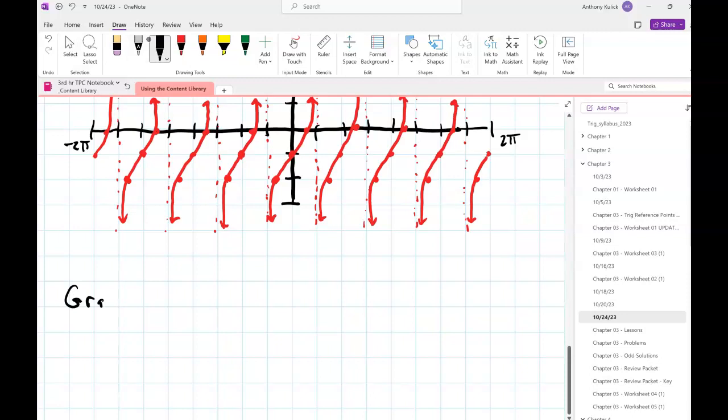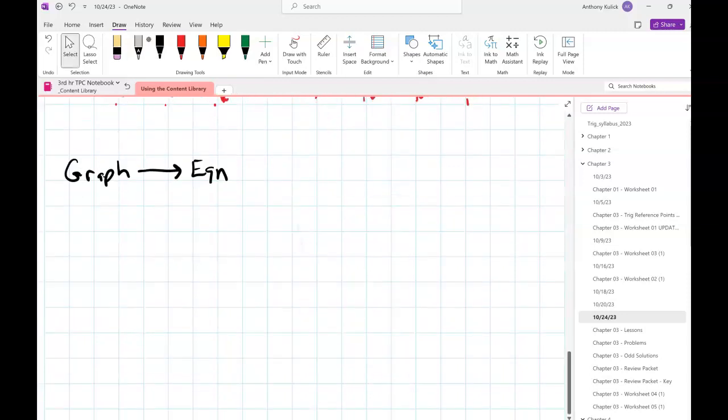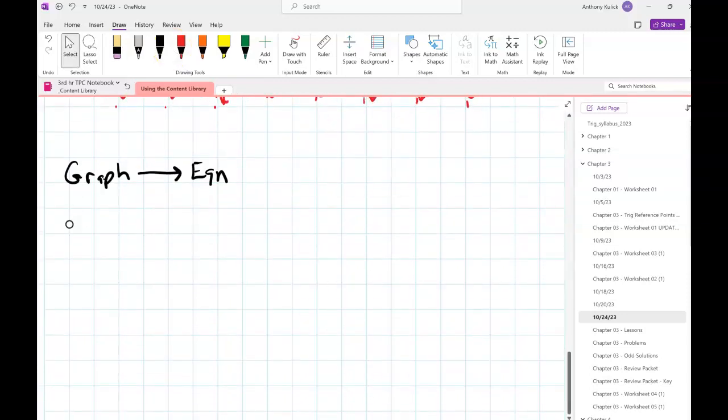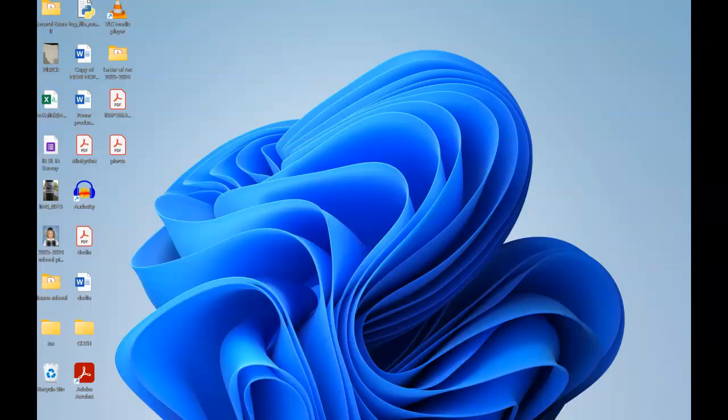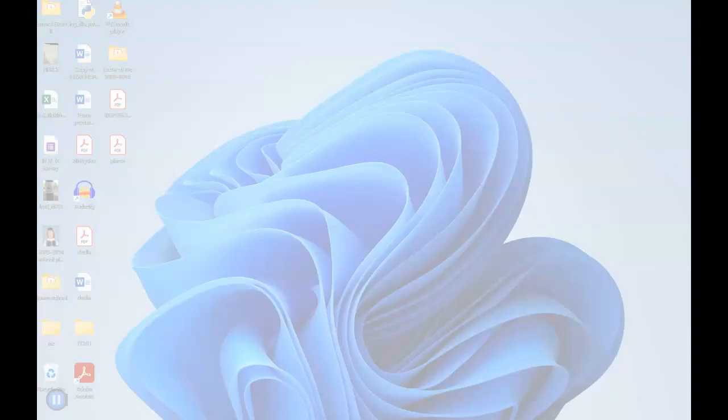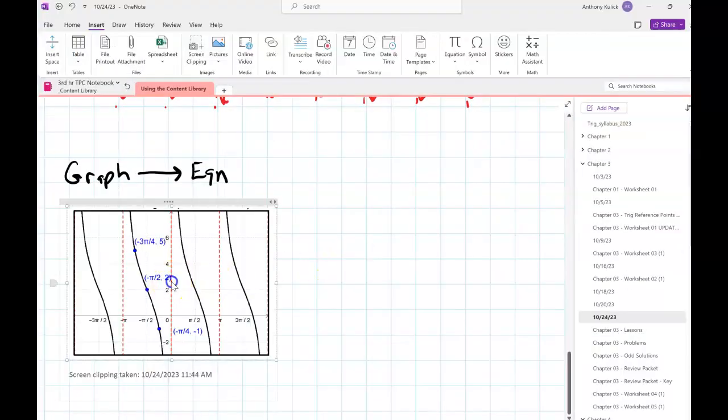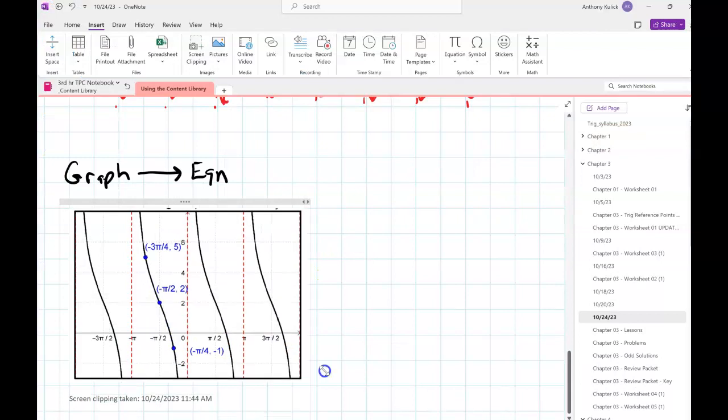Let's do some examples of going from graph to equation. When I do this process, it's going to be almost the same. There's just going to be a couple of little details that are a little bit different.